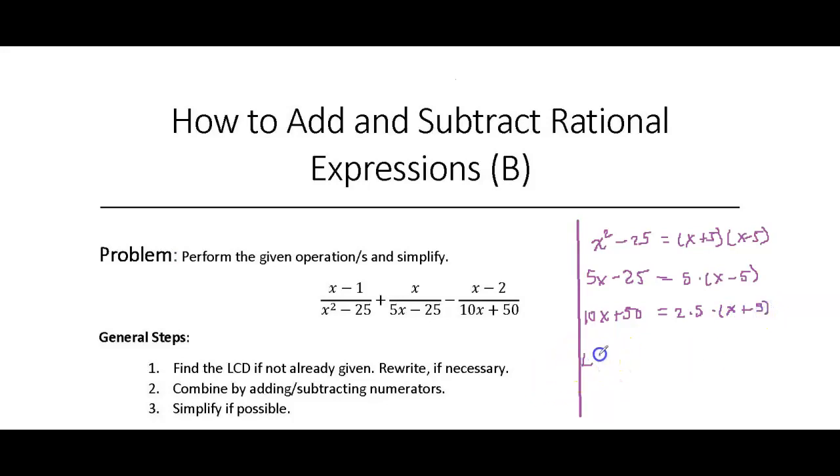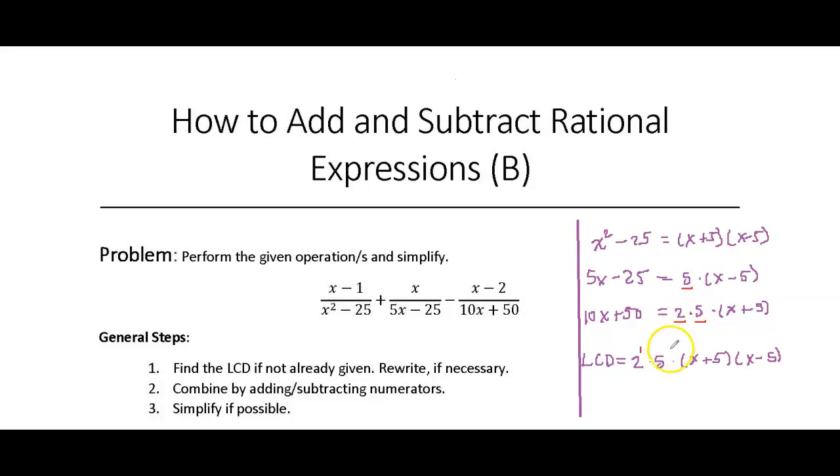Now remember, the LCD is the product of each unique factor. So if we look at all the factors that we have here, there is a 2, there is a 5, there is an x plus 5, and there is an x minus 5. To the power of the greatest amount of times it appears in one of the denominators. So here, there is only one 2 in this denominator, so it would be 2 to the first power. 5, there is only one 5 in this denominator and one 5 in this denominator.